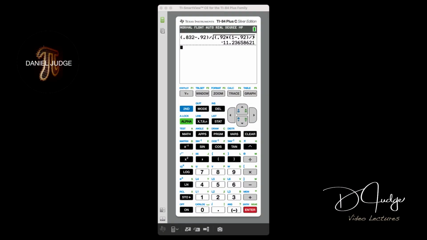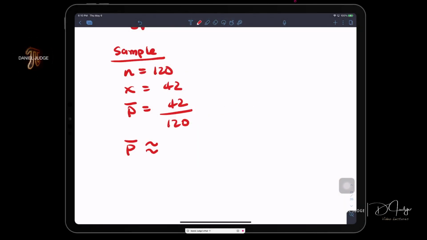Let's see what that is in the TI. 42 divided by 120. This is a 35% sample proportion, 0.35. Okay, good. We needed that.